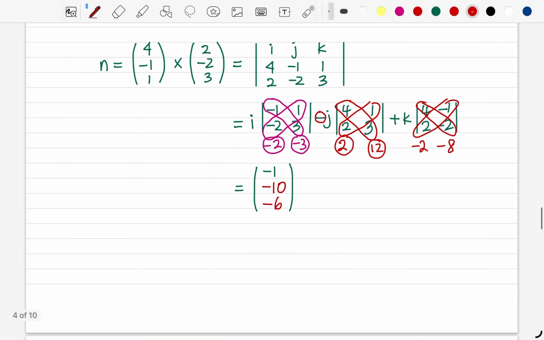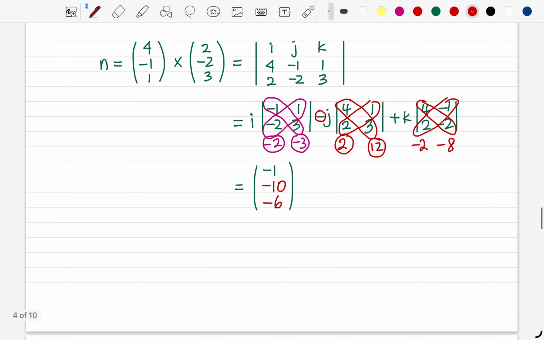So the normal to the plane is (-1, -10, -6).